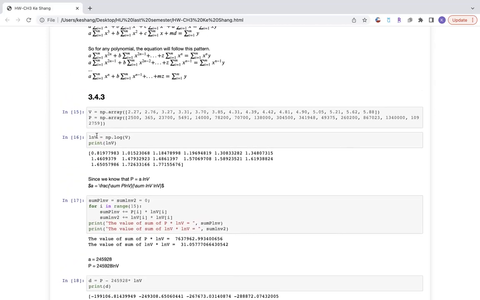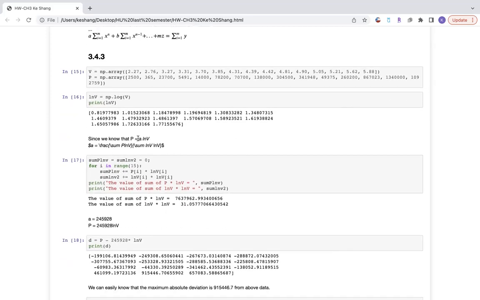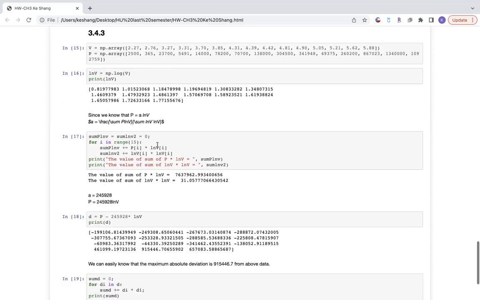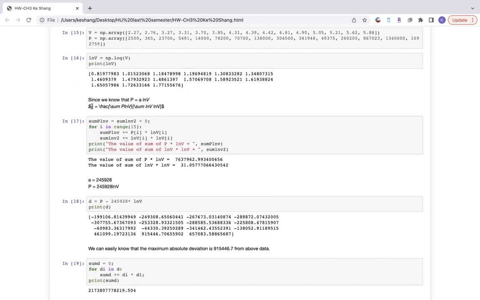So we first calculate ln v. The data is here, and since p is equal to a times ln v, a becomes the fraction of the sum of p ln v over the sum of ln v squared. I don't know what's going on with the LaTeX, but it became this way.